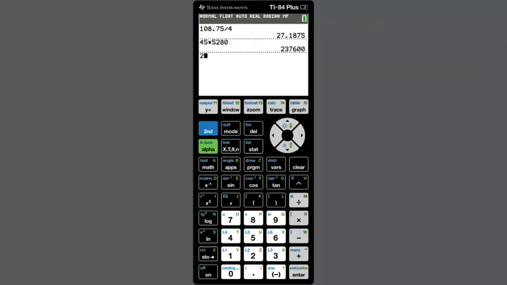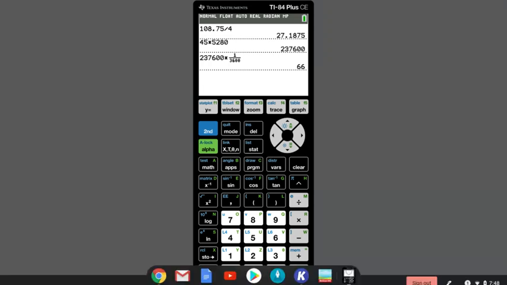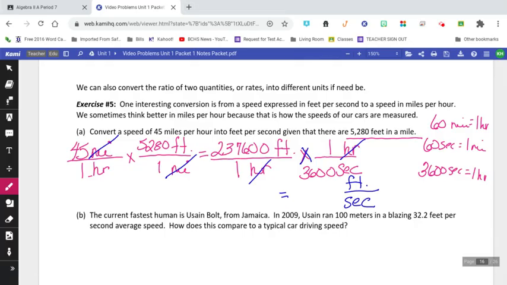So 237,600 times 1 over 3,600. And we get 66 feet per second.